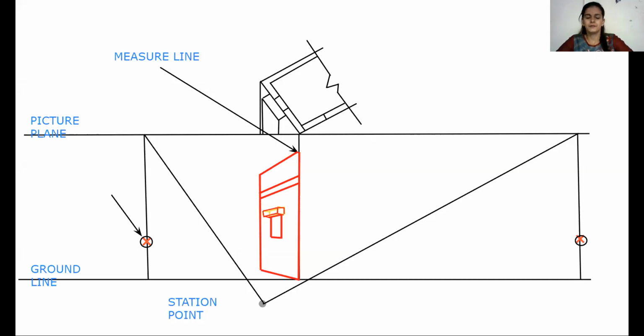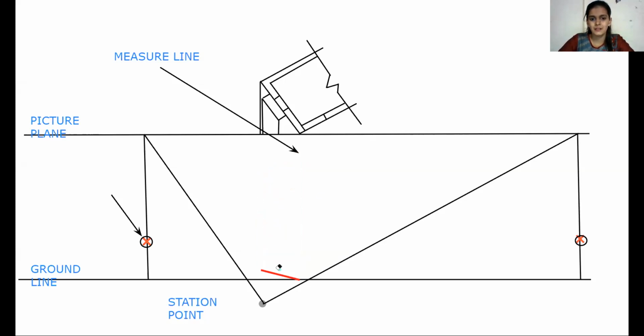Now it's time to draw entrance steps. So let's start again. For the entrance steps, I'm going to remove these extra projections again. I'm just skipping the plan and vanishing points only.